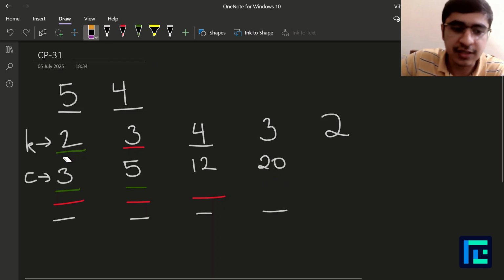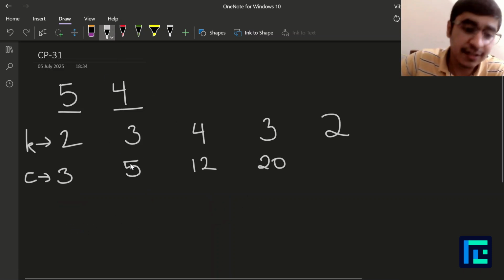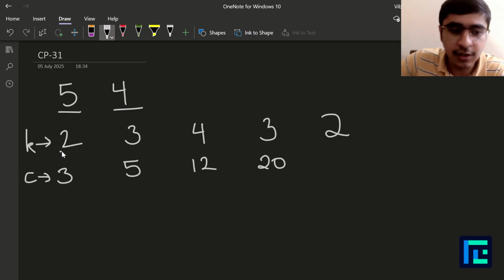So I hope this is clear, what options we have for each person, right? We can either give them a present with index less than or equal to the number given to them, or we can give them the cost of the present with index ki directly in money. So those are the two options we have.